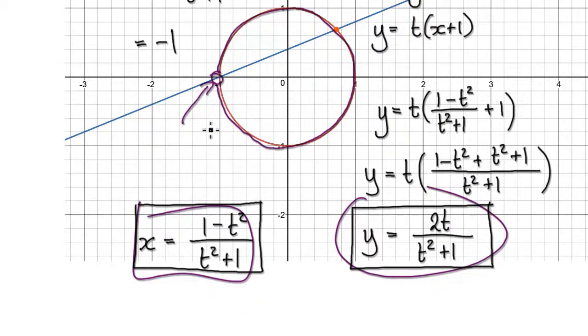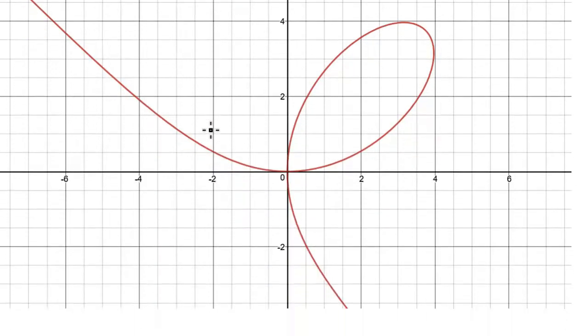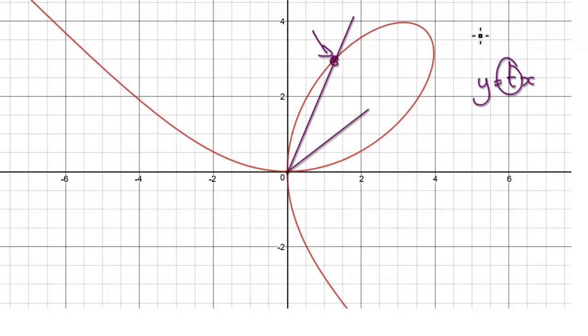The reason we're interested in this technique is we can use the same technique to come up with a parametric equation for this weird line here. If you start out with y equals tx, where t represents a gradient, the steepness of the line, let's say it's really steep here. If you can find a way of keeping track of this particular point, then any straight line will lead you to your parametric equations for this line.